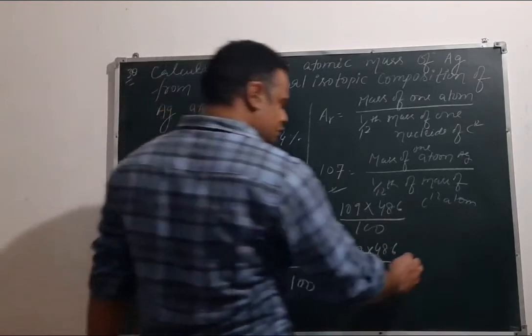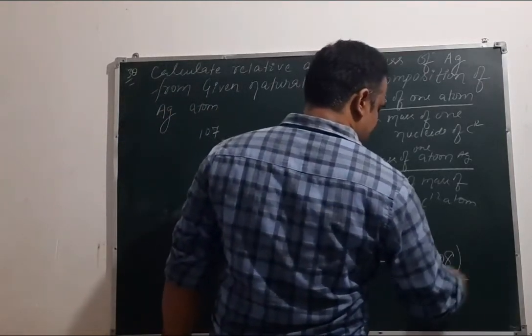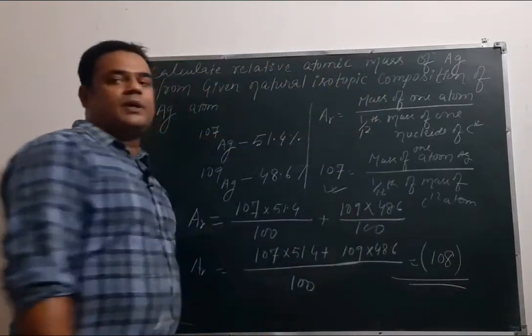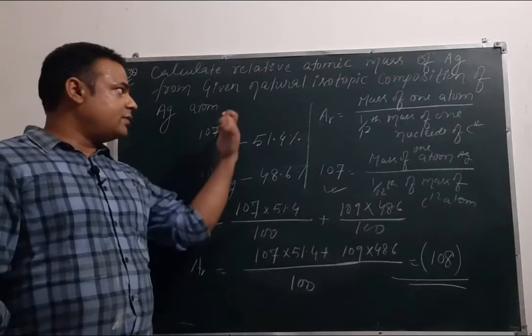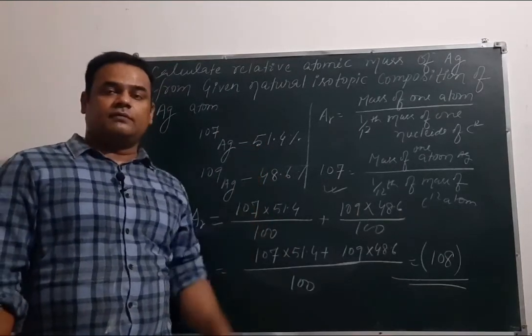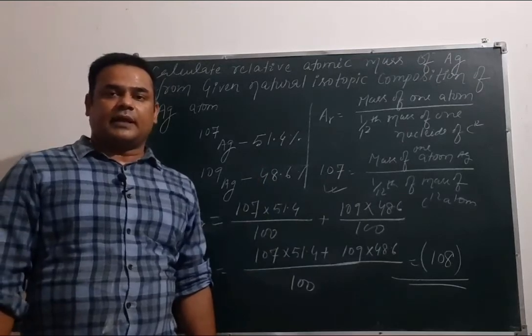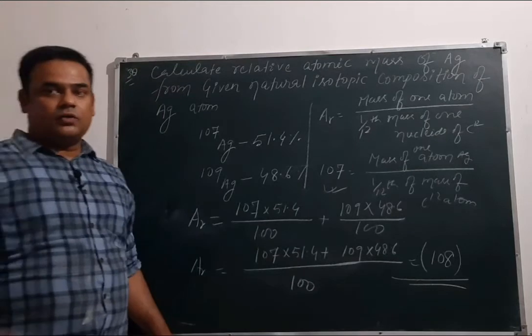If we solve this, we'll have 108. So this 108 is the relative atomic mass of the silver atom on the basis of this percentage natural isotopic composition of the two isotopes of silver. Hope you have understood this solution. If you have any doubt, you may write in the comment box.